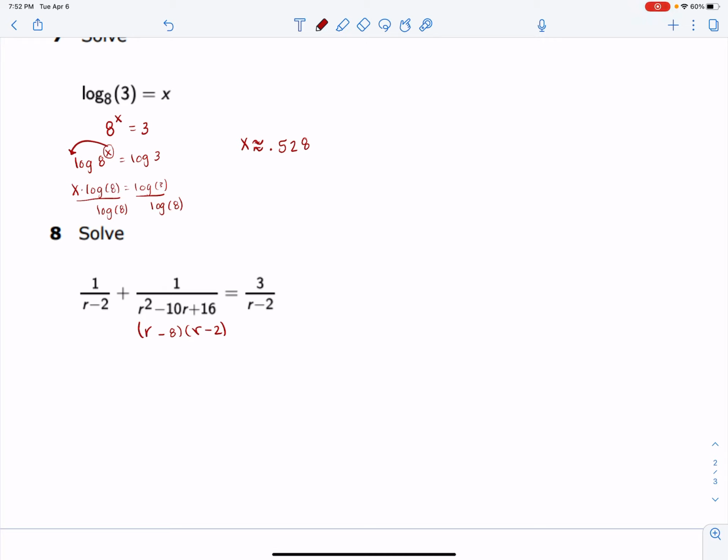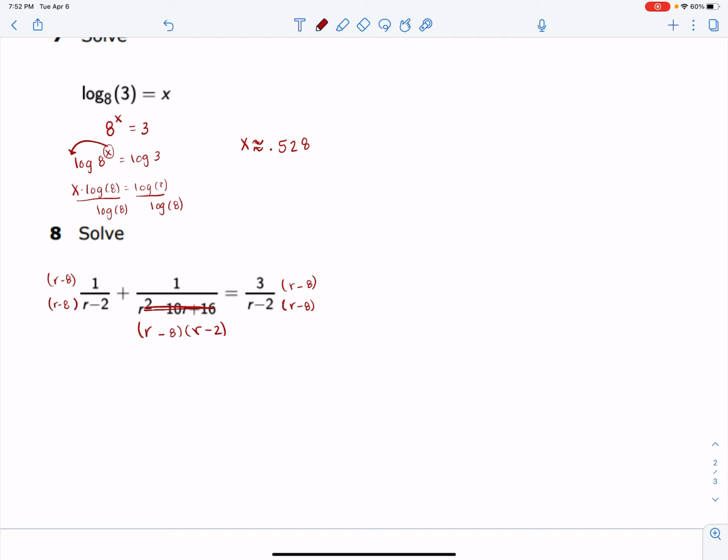Now that is the new denominator for this fraction, and I can change all of the others to the same denominator. This first fraction already has an r - 2, so all I have to do is multiply by r - 8, and then it would be the same, but I need to do that on top also. This last fraction already has r - 2, so I need to multiply by r - 8.